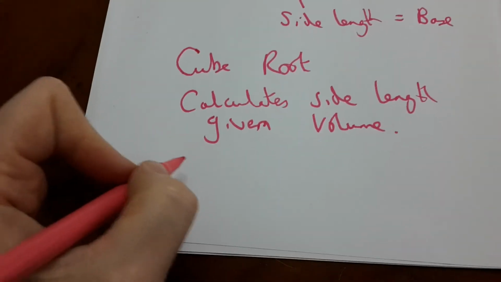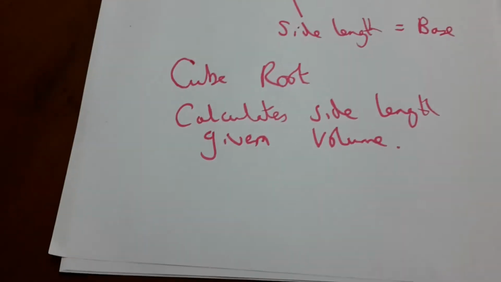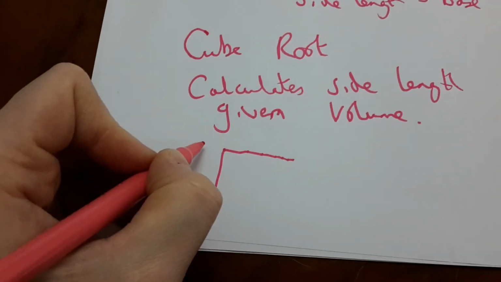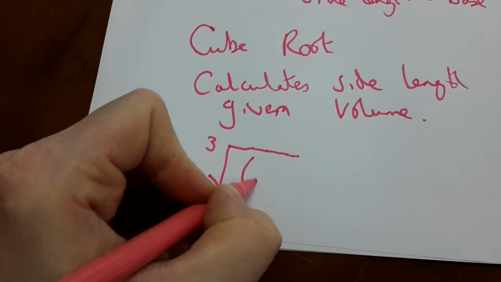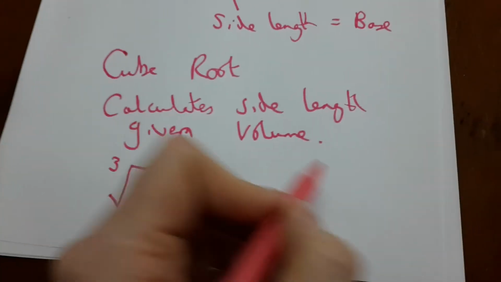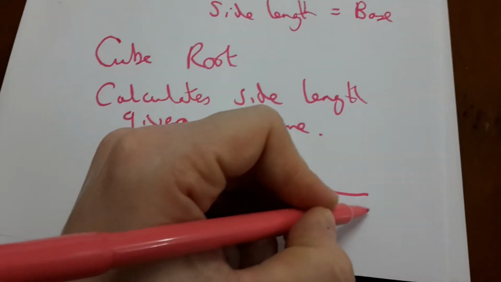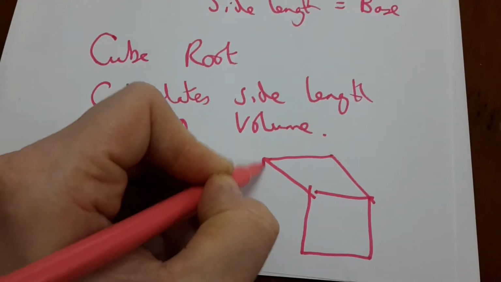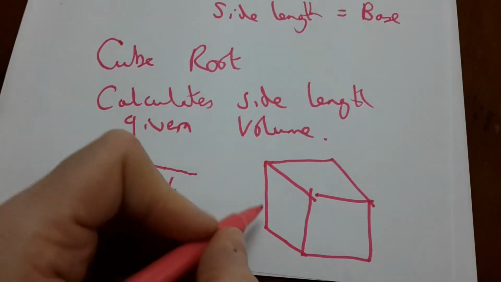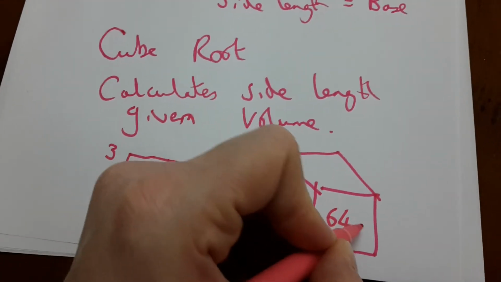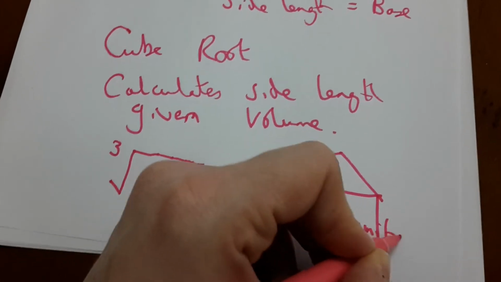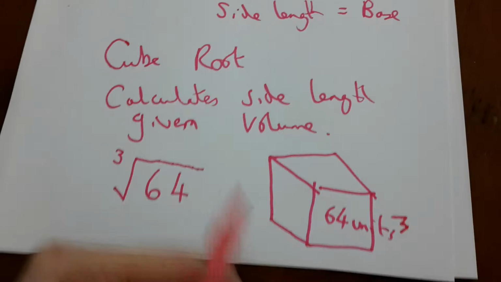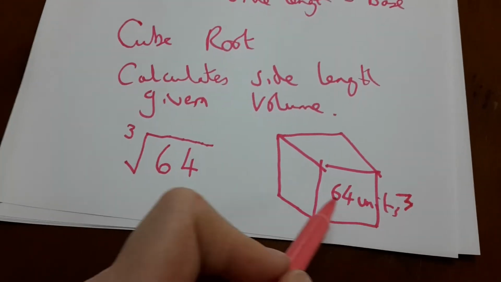So for example, if I was given a cube root of 64, what that means is my volume of my cube is 64 units cubed. Sorry, that's a really bad cube.